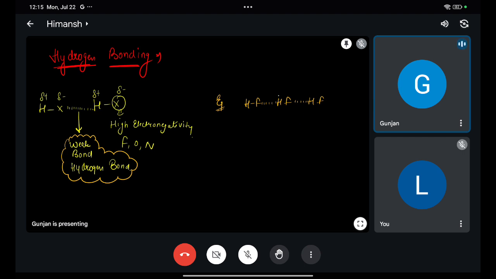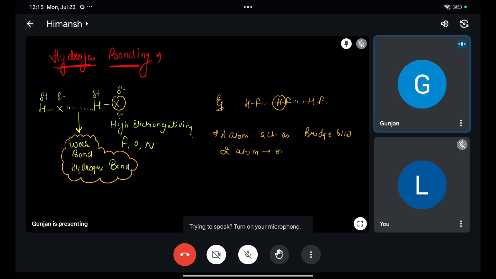In other words, the hydrogen atom acts as a bridge between the two atoms. Got it? Yes, ma'am, got it. How can it act as a bridge?